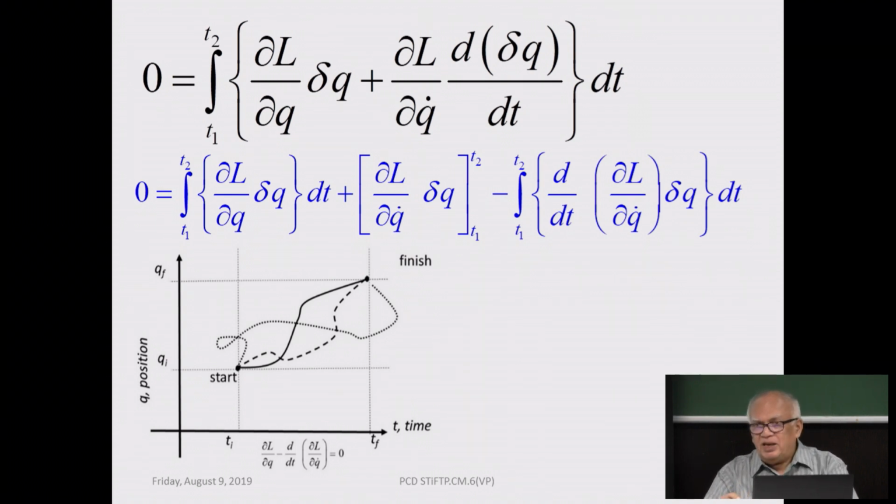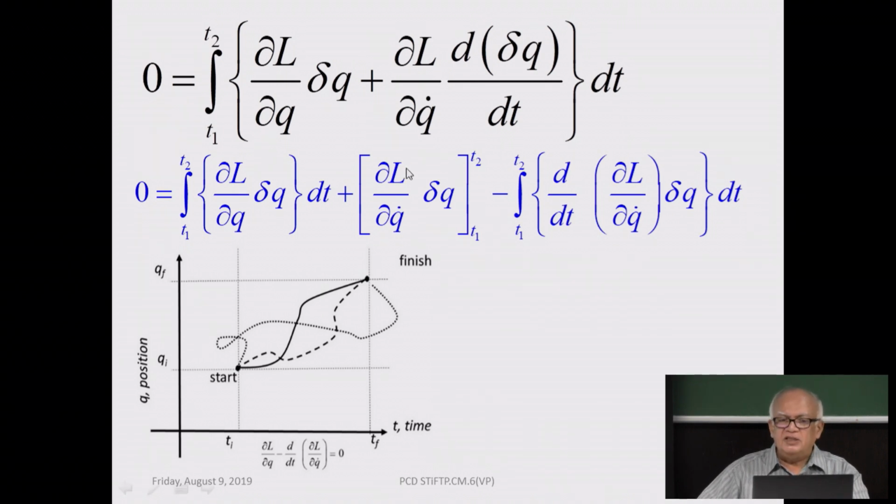Where does the variation take place? Between the start and the finish. Not at the start, nor at the finish. Okay? The starting point is fixed. The end point is also fixed. So at the start and the finish, delta Q is 0.